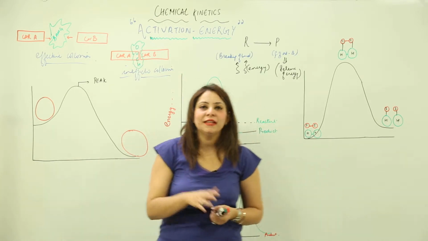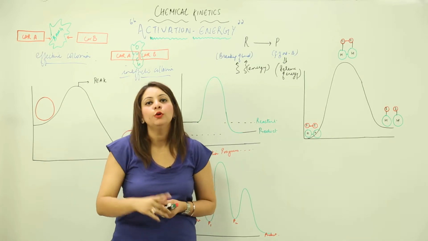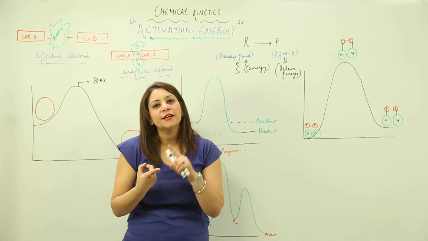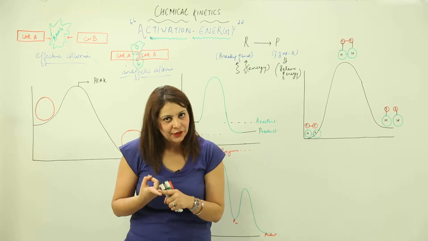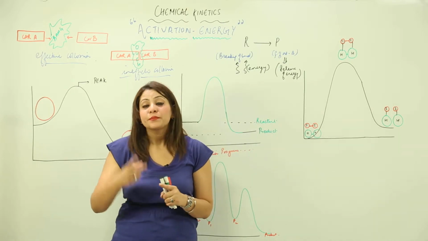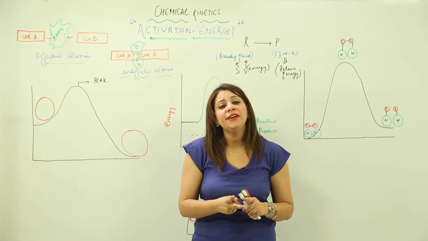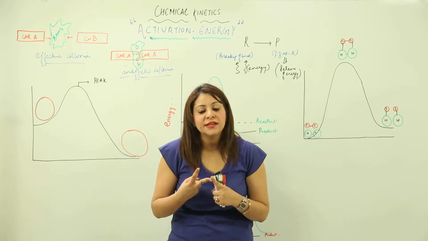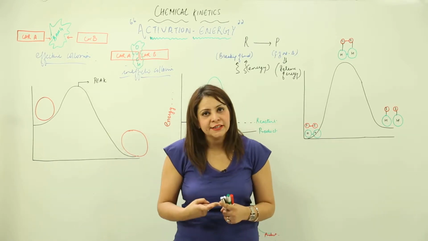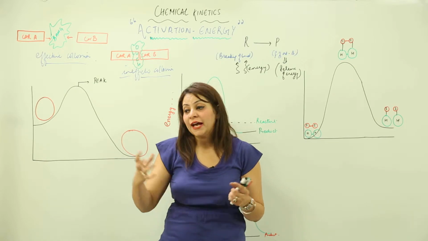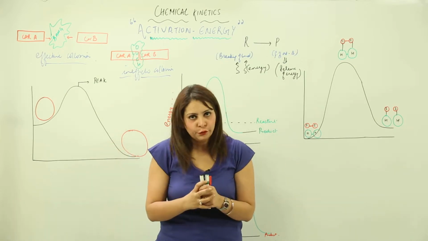So that means now I am again explaining you. The first point is that for the reaction to happen, the collision must take place, right? Because we need to break the bonds, right? The second thing is that not every collision is going to be effective. For the collision to be effective, the reactants should collide with each other with a greater force.